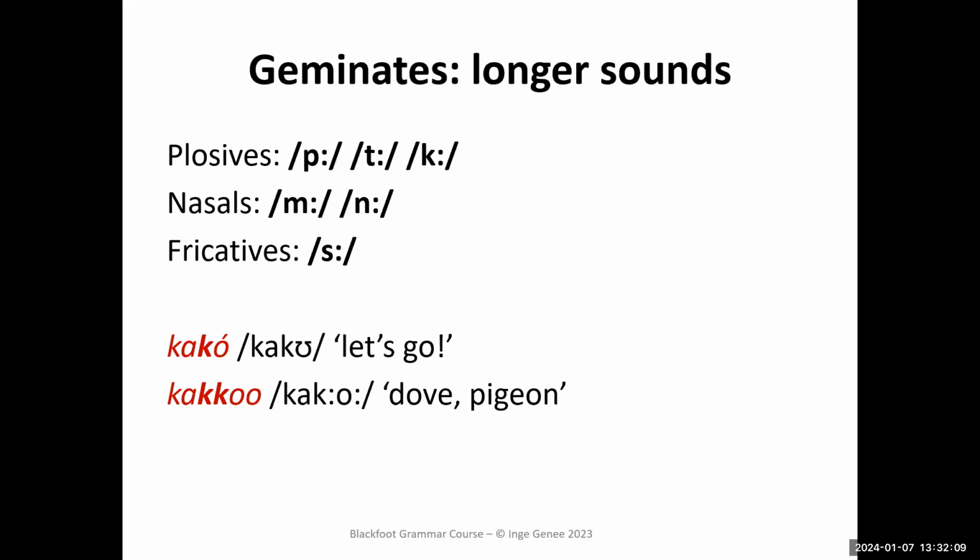The first word has a short K in the middle, and the second word has a long one. To make a long plosive, you hold the closure a little longer before you release the air. To make a long nasal or fricative, you just hold the sound a little longer. And you can see that the Blackfoot spelling system writes the long sounds double.